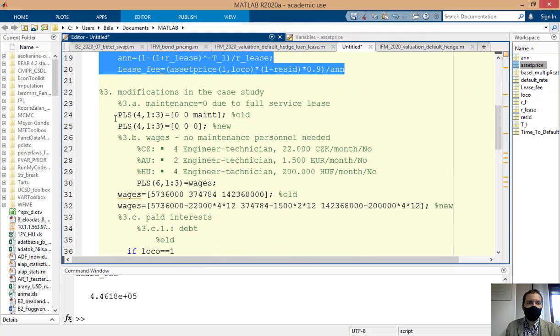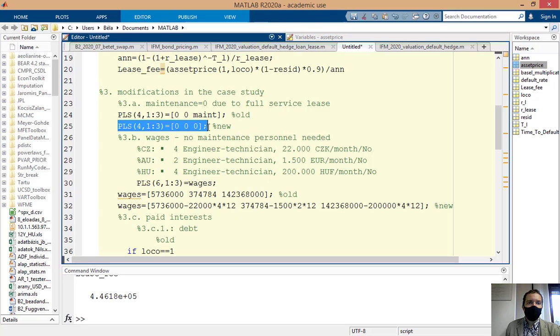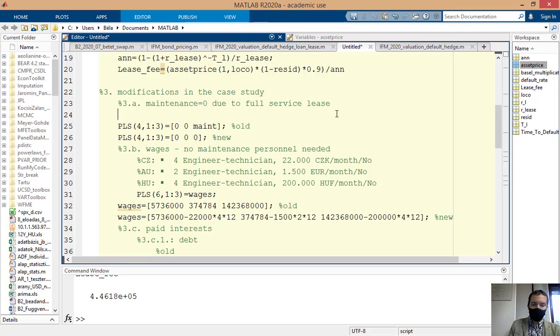And then we can have the modifications. So we can say that if lease equals 0, then we are keeping the original data.